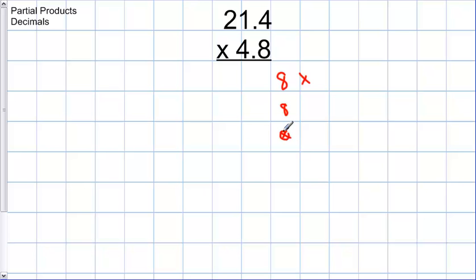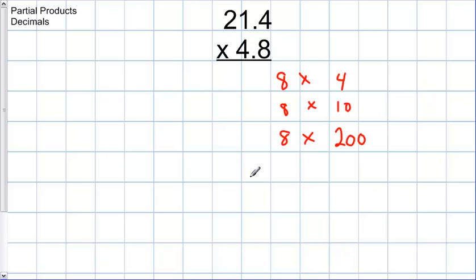So first thing I'm going to do is I'm going to go through and write my multiplication problems off here to the side. So the value of the 4 is 4. The value of the 1, we're going to call this 10. And the value of the 2 is 200. Now why am I going to call them those? Because remember we're leaving the decimal points alone until the very end.